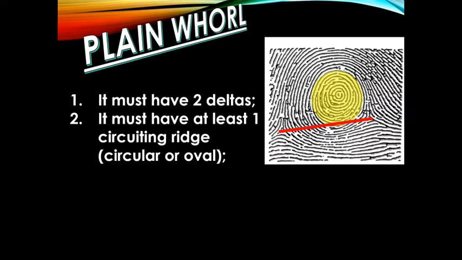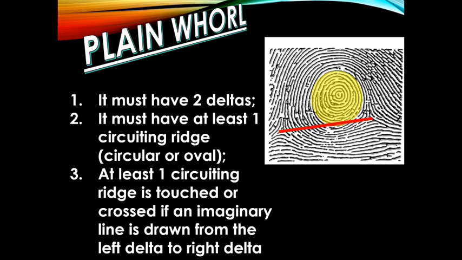Another is it must have at least one circuiting ridge, which could either be circular or oval. And at least one circuiting ridge is touched or crossed if an imaginary line is drawn from the left delta to the right delta. So these three are actually considered the elements of a plain whorl.